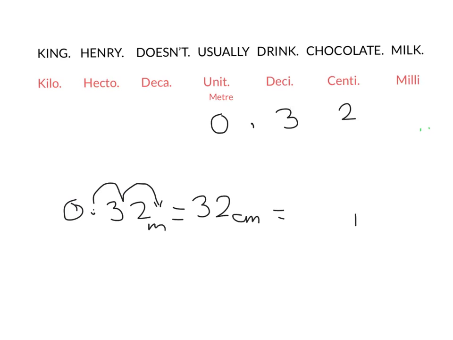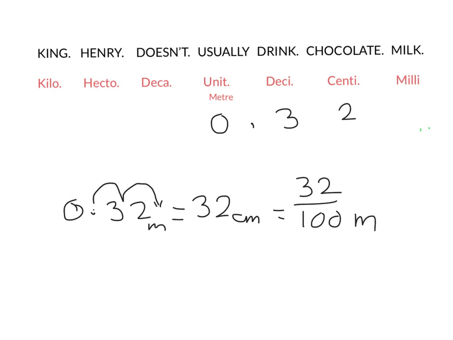As a fraction of a metre, well, here we are in the hundredths house. You've got 32 hundredths, so it's 32 hundredths of a metre. So there you have it. 0.32 metres is the same as 32 hundredths of a metre, which is 32 centimetres.